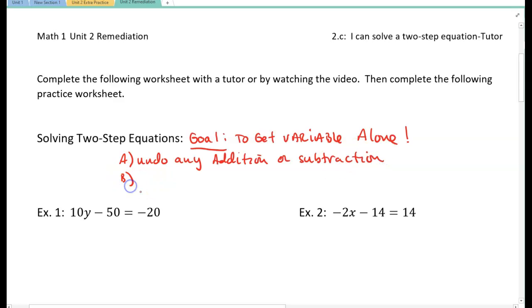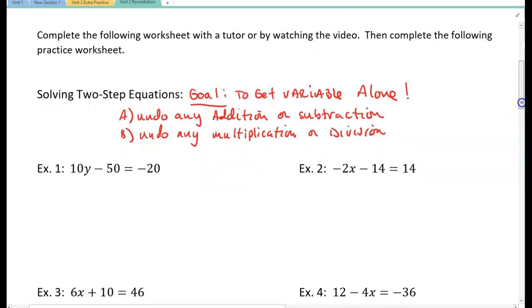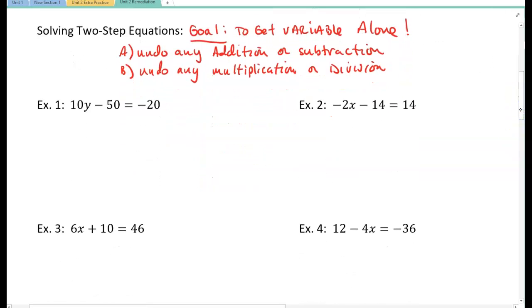And once that's done, our second step is to undo any multiplication or division, okay? So the idea of this is to get the variable by itself, we get rid of anything linked by addition or subtraction, and then get rid of anything linked by multiplication or division.